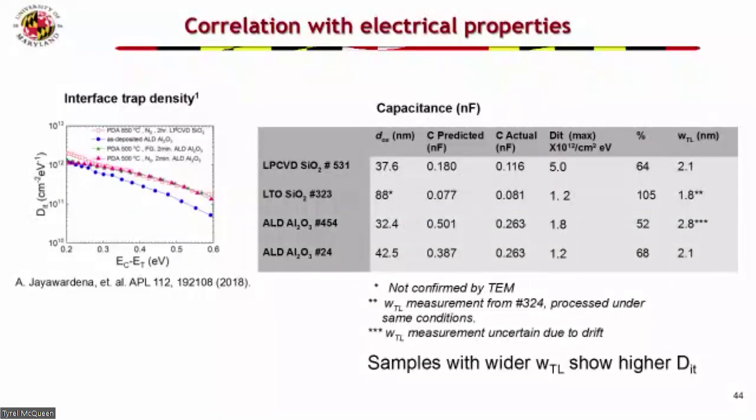So there's some correlation. It's not a perfect correlation, but with the interface traps and the width of the transition layer. So this is higher for the sample with the silicon dioxide, which has a slightly higher thickness of the transition layer. Okay.